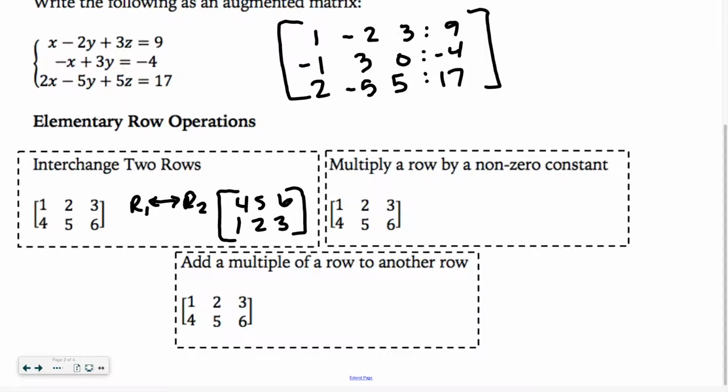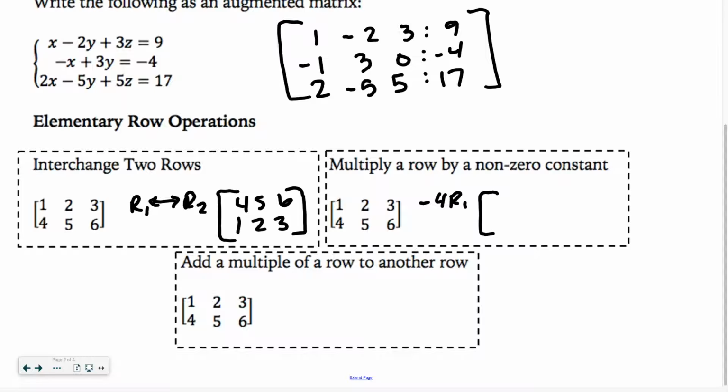I can multiply a row by a non-zero constant. I could really multiply either row by anything that I want. I can multiply one row. I guess I can multiply more than one row if I wanted to. I'm just going to do one row because we normally do one row operation at a time. And I'm going to do -4 times row 1. You see how I wrote that? -4 row 1? Okay.